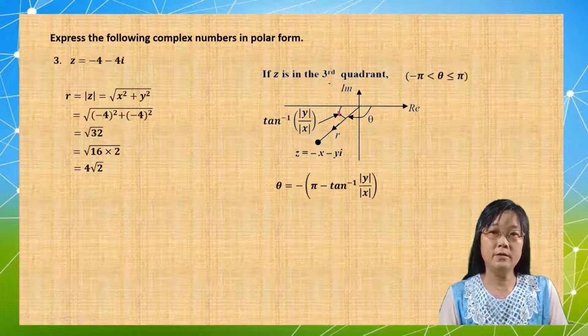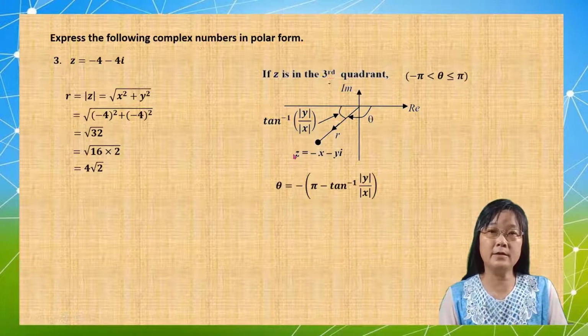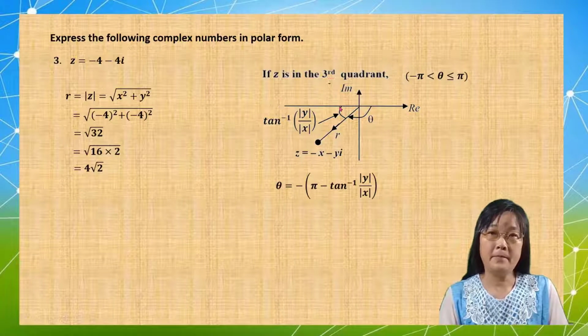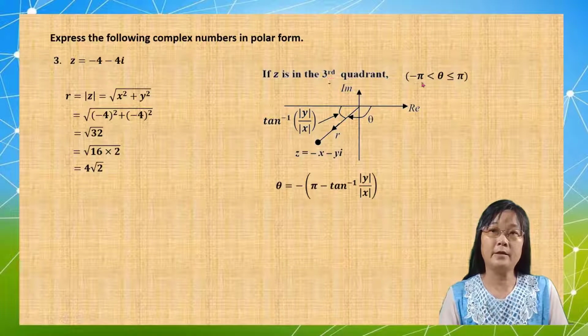Then the argument of the complex number in the third quadrant is not this angle, because when we use pi plus this angle, it is greater than pi. Since we know that the argument is less than pi, in order to get the argument which is less than pi, we will take this angle as the argument.